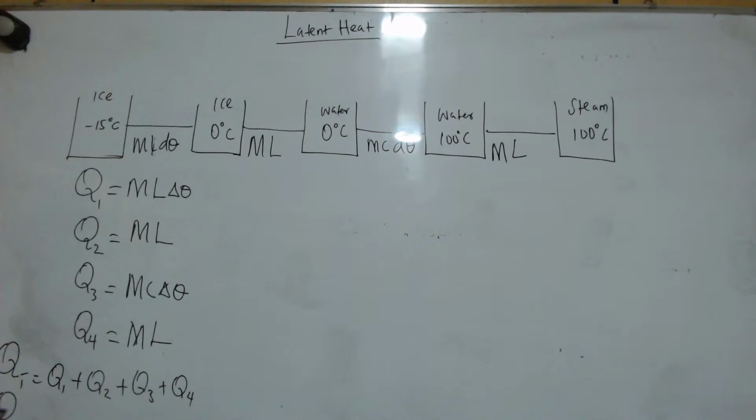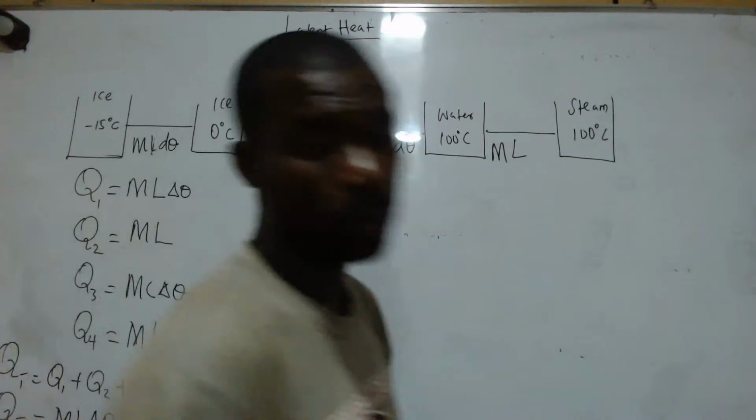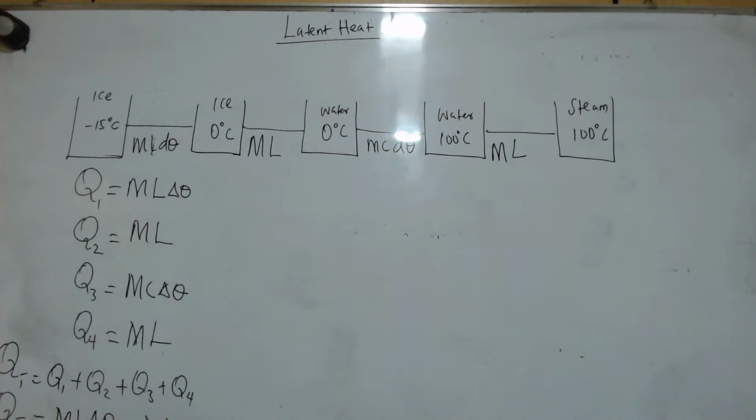Alternatively, Qt could be written as mc delta theta plus ML plus mc delta theta plus ML. That is how the system looks. So let's pick a typical example and do justice to it, to see what the system is talking about.